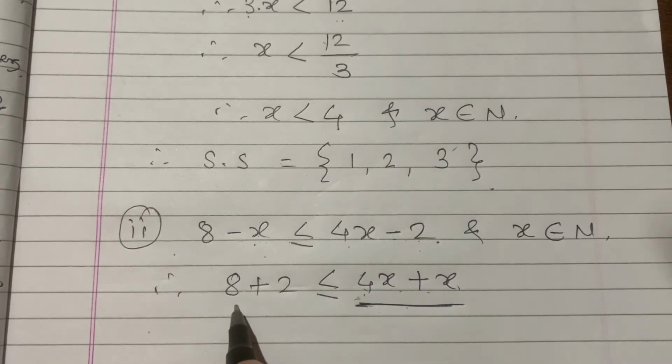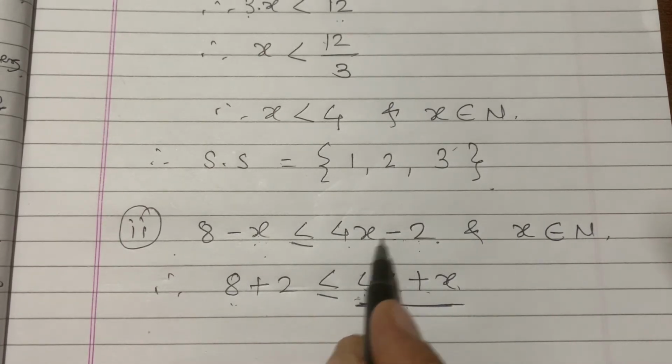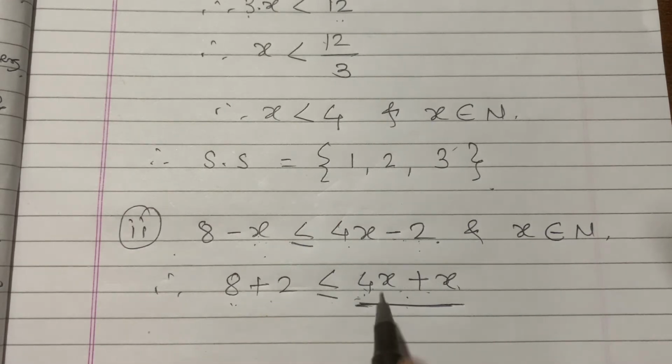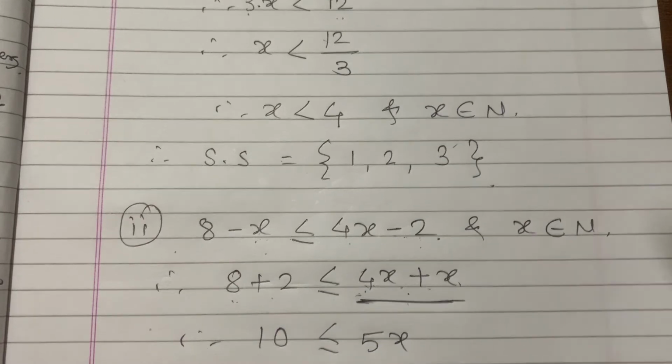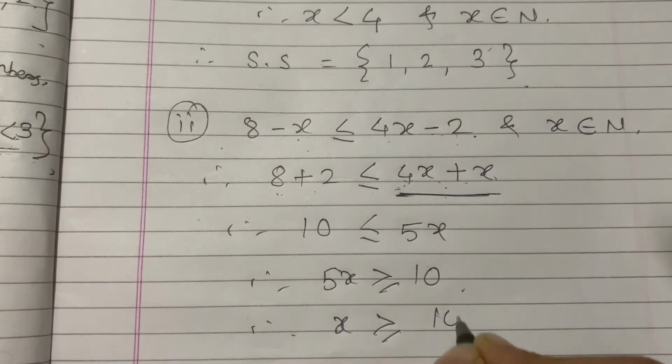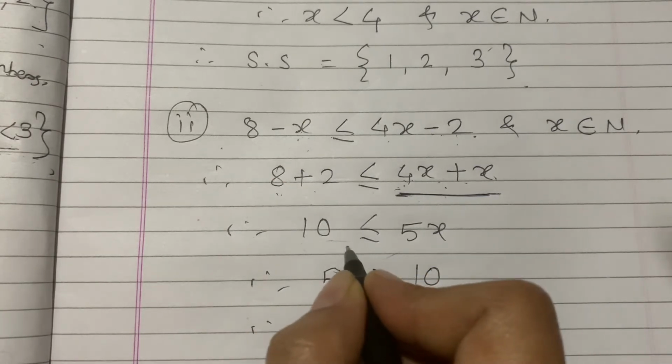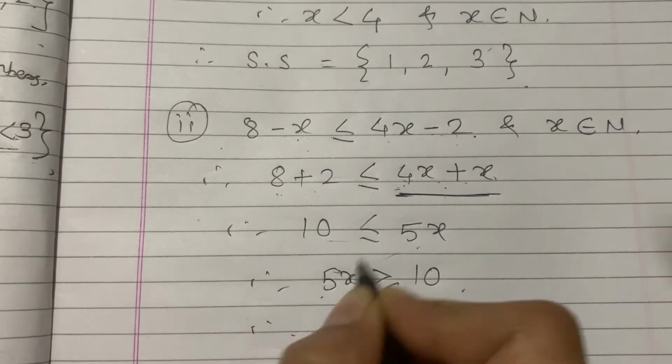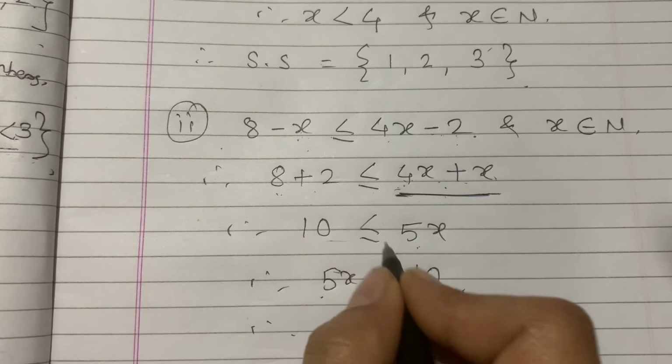So 8, this minus 2 becomes plus 2, less than or equal to 4x, and this minus x becomes plus x. Therefore 10 less than or equal to 5x. It means that 5x is greater than or equal to 10. Therefore x is greater than or equal to 10 upon 5. I have only written this 5x on this side. The inequality remains the same, I have not changed it.